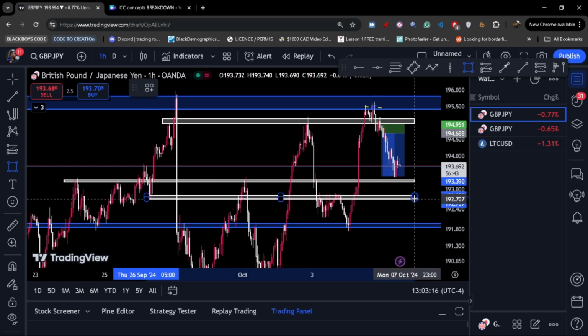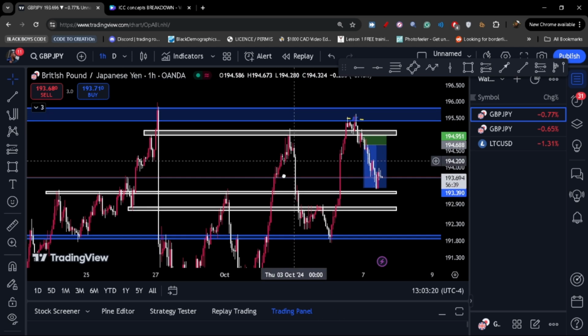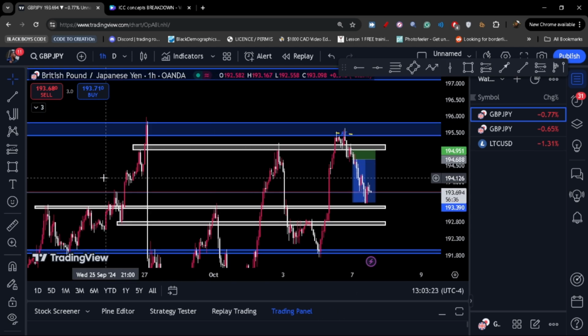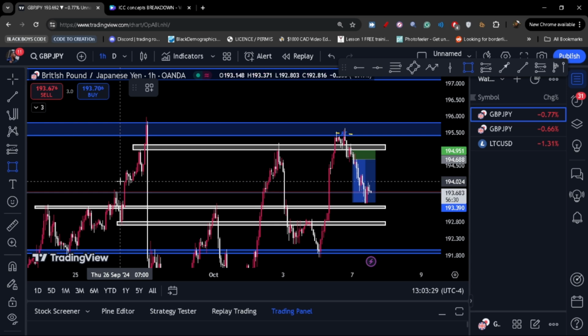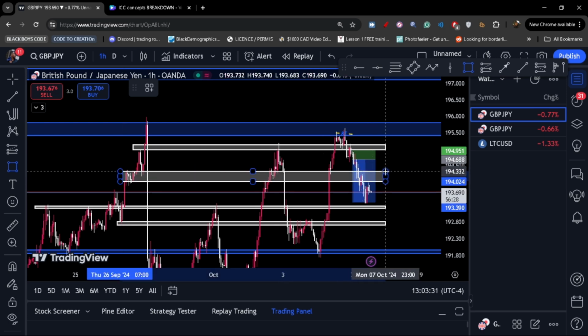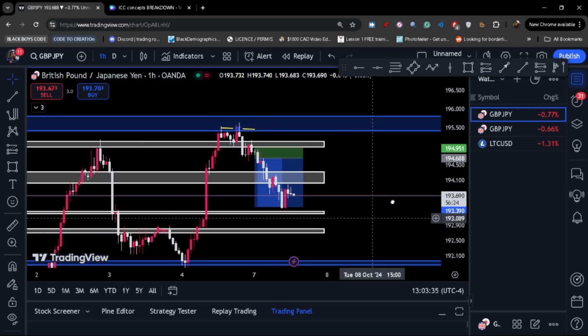Boom. Right, and then somewhere in the middle here, boom, like that. Right, as you can see, price is currently reacting off of this area.